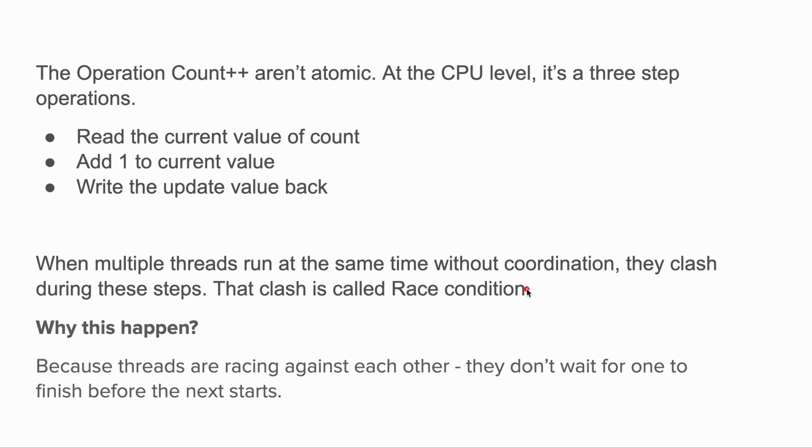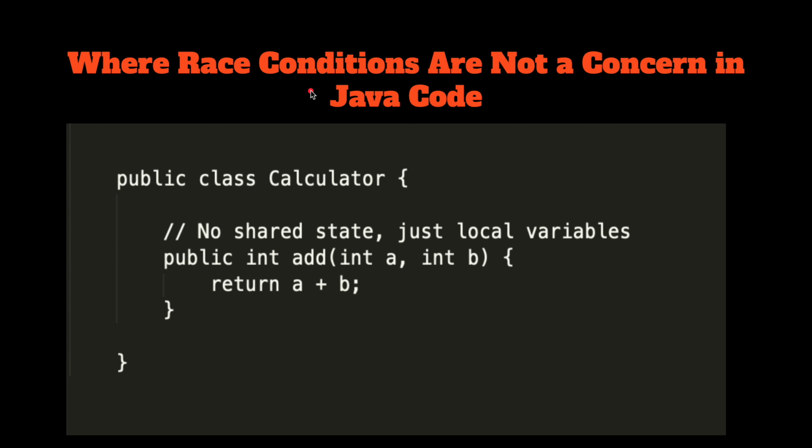I hope you understood the concept of a race condition. So let's move to the next section where race conditions are not a concern in Java code. If you see this code, there is only one method, add, which takes two local parameters a and b and returns their sum.